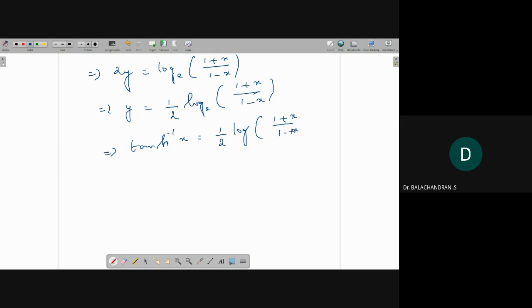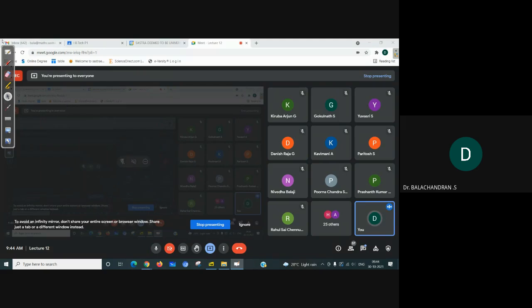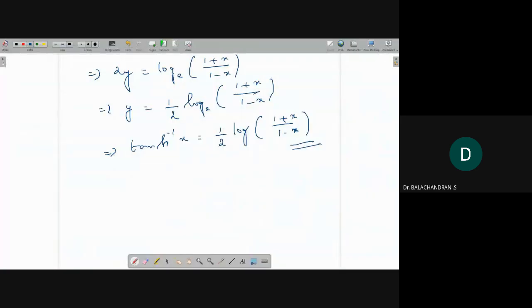So now we know 3 more results. Okay, first result is what? Sin h inverse of x, cos h inverse of x, and then tan h inverse of x.